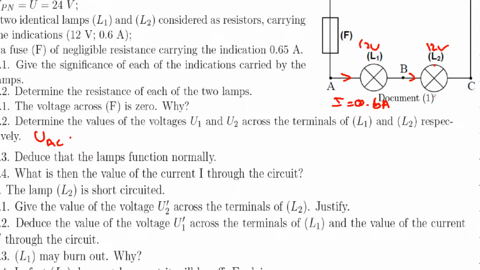It means that we have connected across the terminals of the lamp L2 a connecting wire like this. Now the lamp L2 is in parallel with the connecting wire, and according to the law of uniqueness of voltages they have the same voltage, and the voltage across a wire is 0, so the voltage across the lamp L2 is 0.